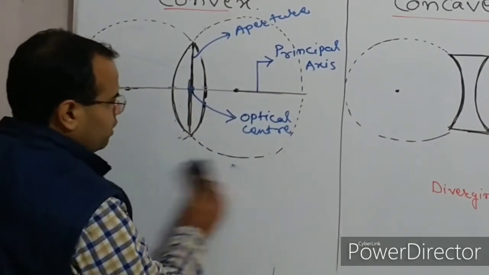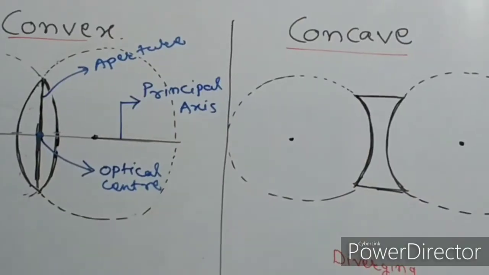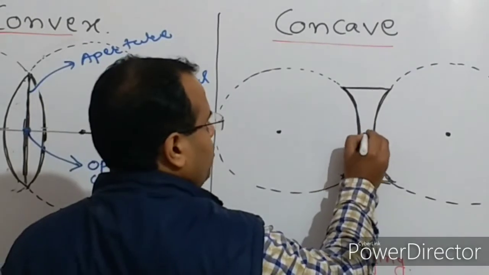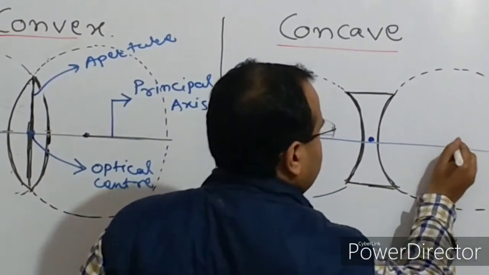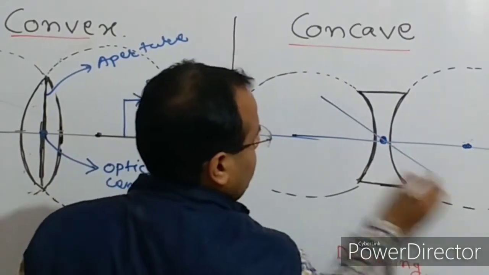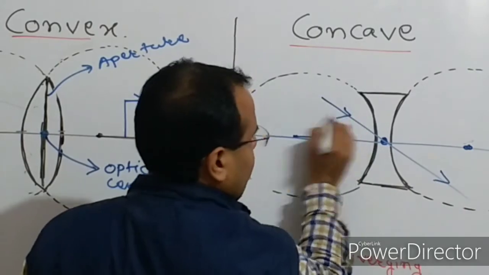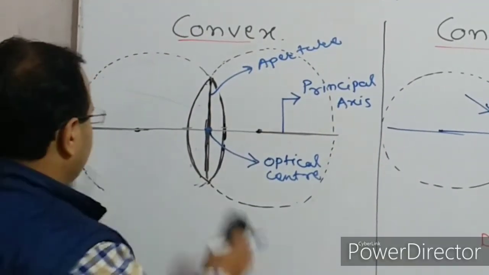Here also you can see the optical center, and this is the principal axis. If a light ray passes through it, it remains undeviated like this. Now some more definitions we will try to understand.